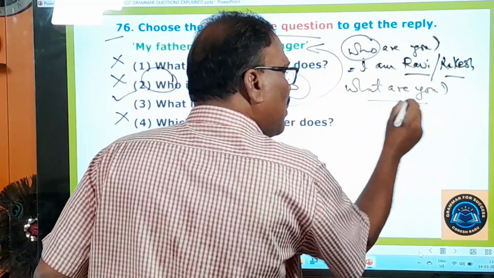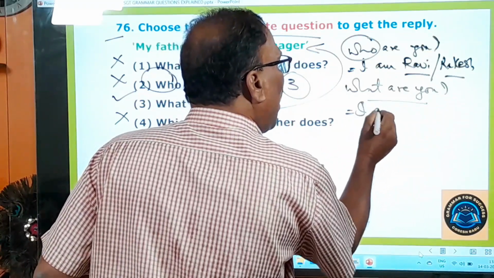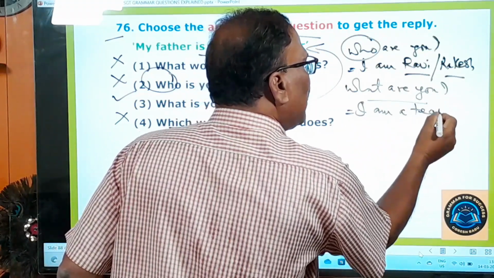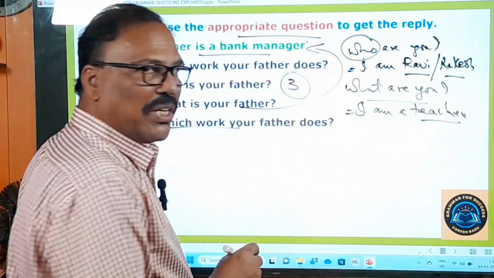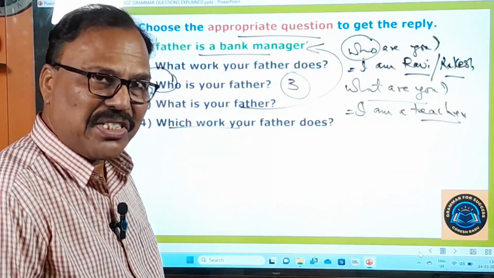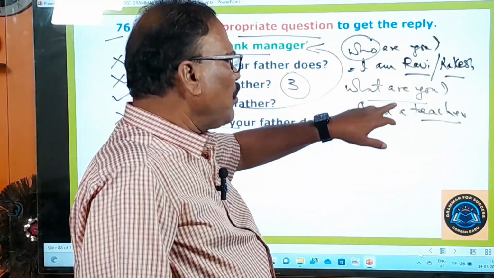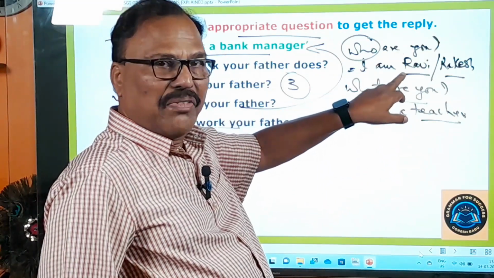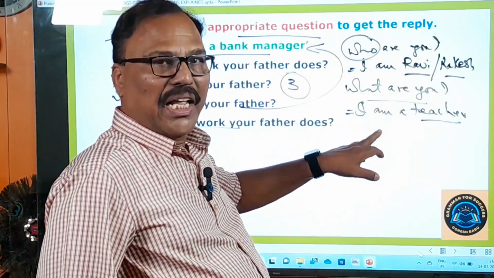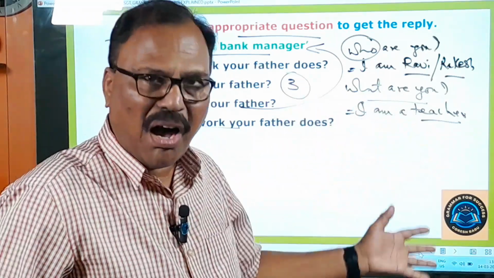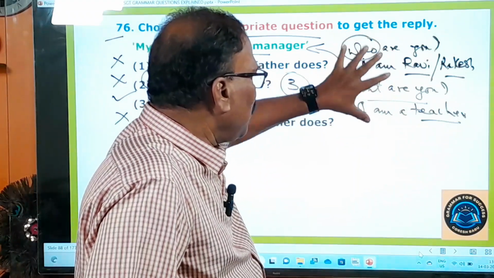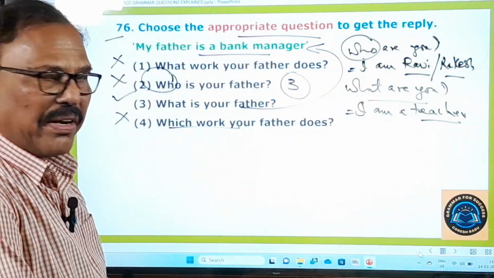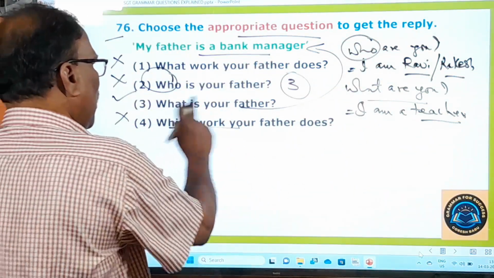You must say, I am a teacher. You must tell him your profession. I am a teacher. I am a doctor. I am a police officer. Whatever you are, you have to mention here to this question. So, who are you? You have to tell your name. What are you? You have to tell him what you are. Okay, see, keep these two things in your mind. That is the additional information. And now your answer is the third one.